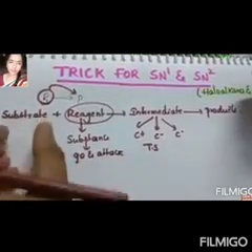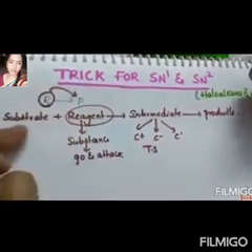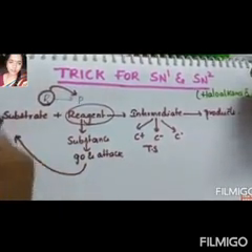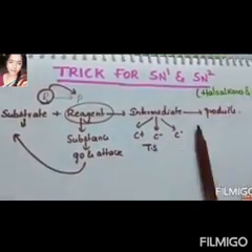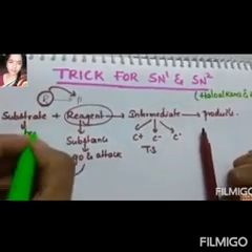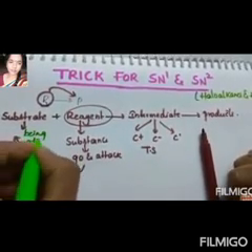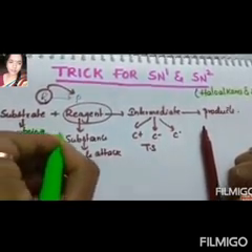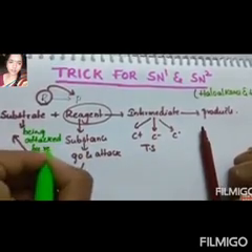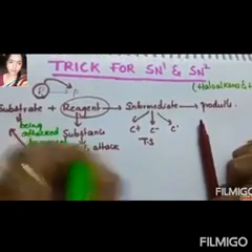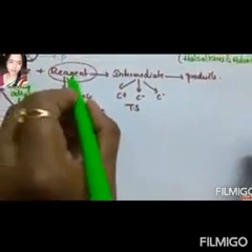Substance which go and attack the substrate is generally called as reagent. Then what about the substrate? Substrate means being attacked by reagent. That is called as substrate. I hope you understood what is meant by substrate and reagent.